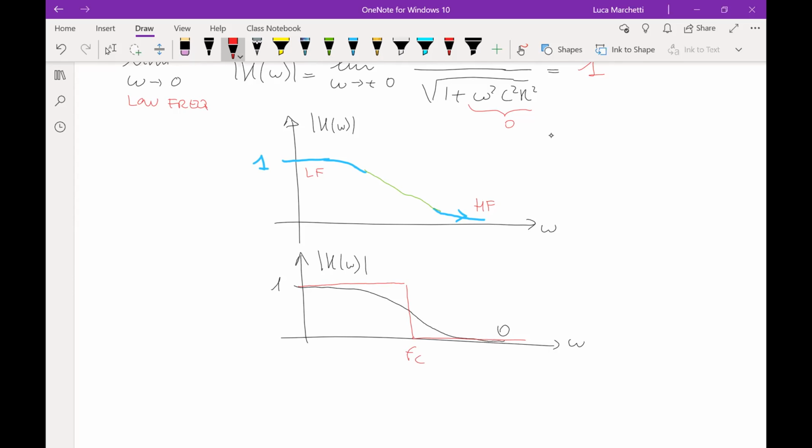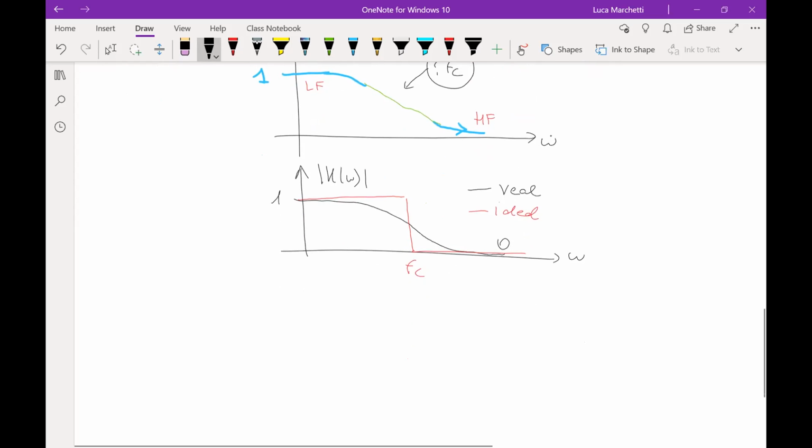Now the point is this: how do I decide where the cutoff frequency is in the real plot? So this is the real and this is the ideal. So how do I know where the cutoff frequency is in the real plot? It is not so straightforward as in the ideal plot.